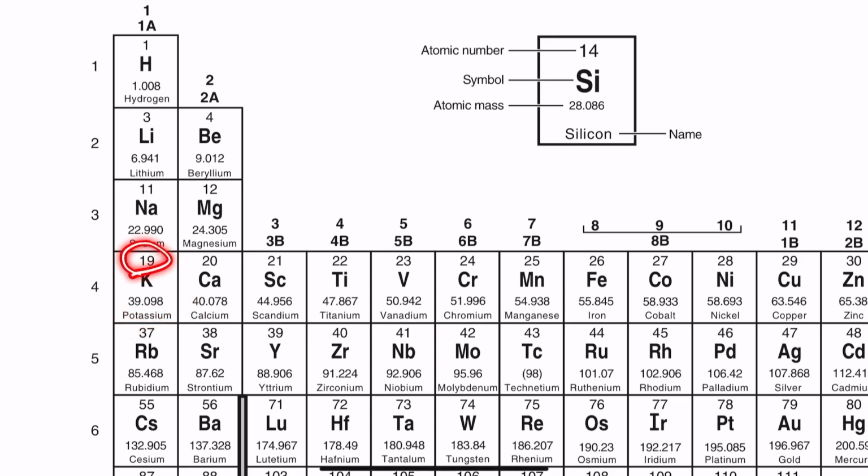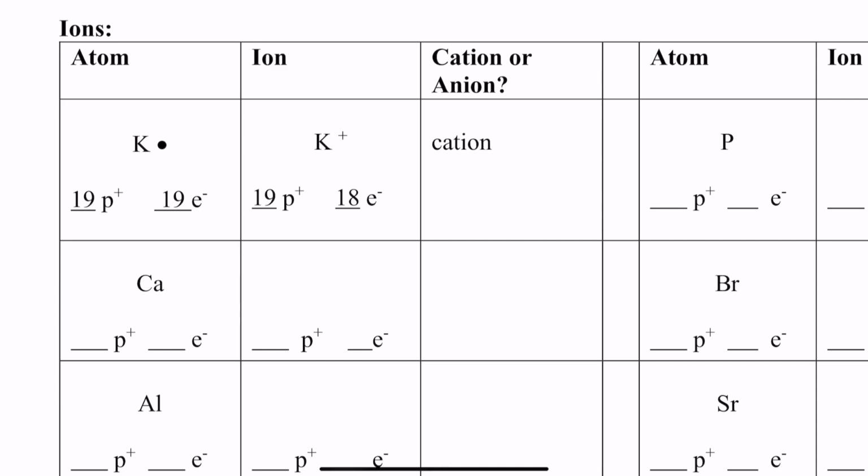So that means it has 19 protons and 19 electrons normally. Since it's in the first column, it's going to have one valence electron. If we were to draw the Lewis dot structure, which is a representation of the atom with all of the valence electrons drawn around it, we just have the one dot drawn around it.